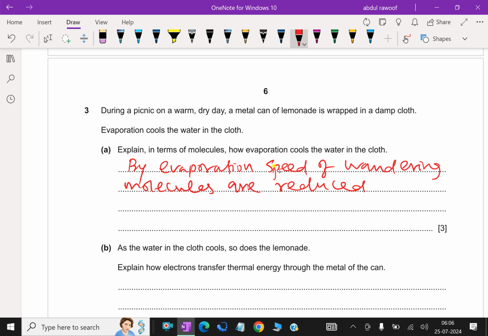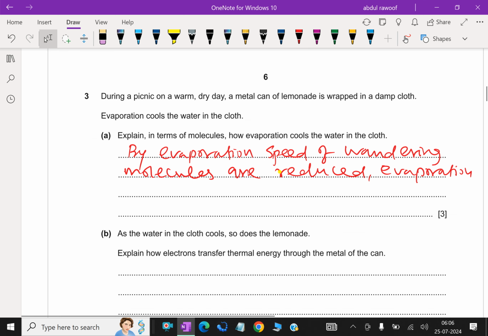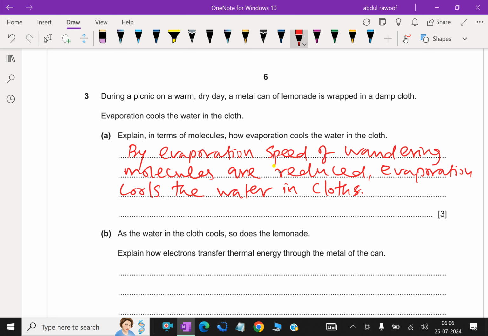So it cools. Therefore, evaporation cools the water in the cloth.